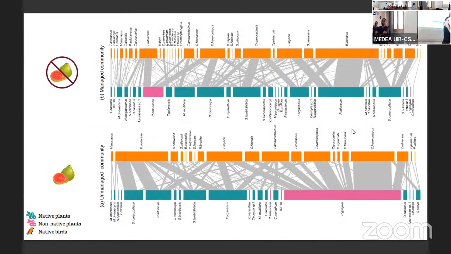For example, here you can see that this species started receiving lots of interactions that it was not receiving here, and it's also a non-native plant. That is avocado, and this species is not invasive.